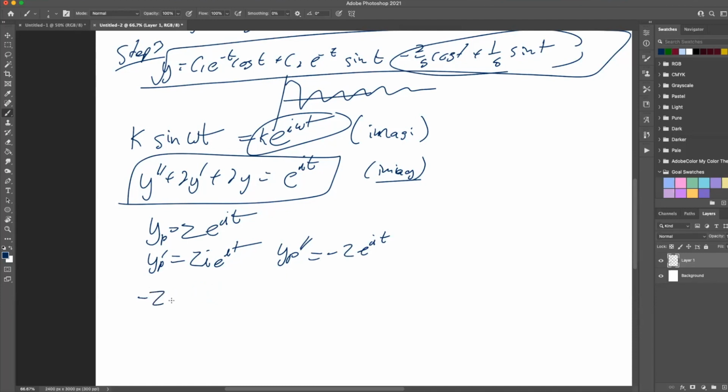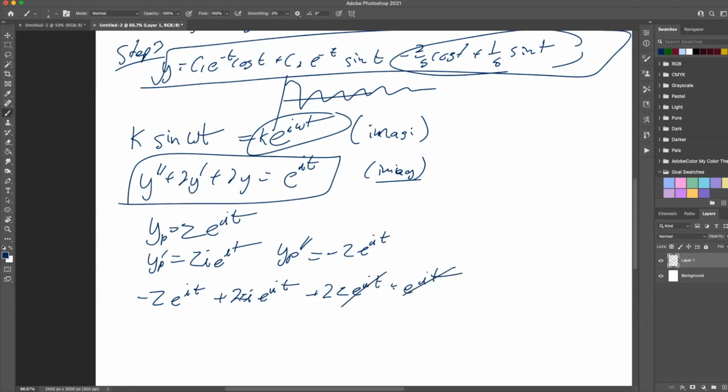So this will be minus z e to the it plus 2i e to the it plus 2z e to the it equals e to the it.